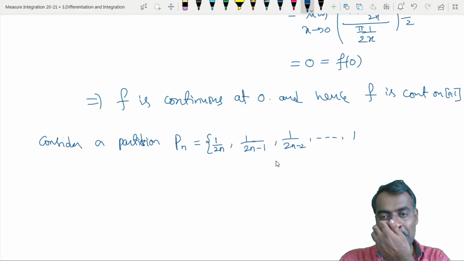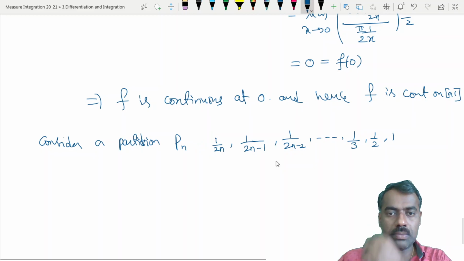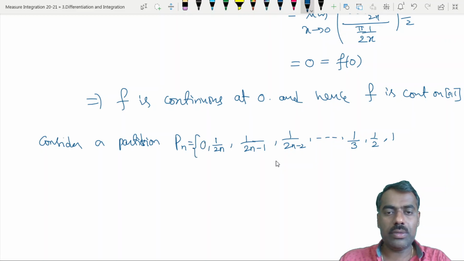Then last you can call it 1 by 3, 1 by 2, then 1, and you can put 0 anywhere you want. If I want, I will put it here in the beginning itself. So 0, then 1 by 2n, 1 by 2n minus 1, 1 by 2n minus 2, and so on.